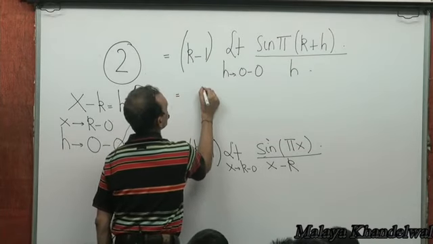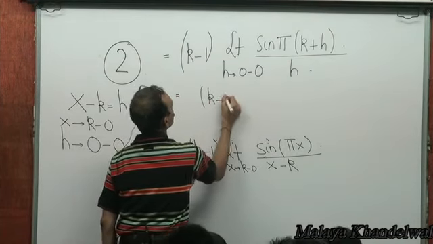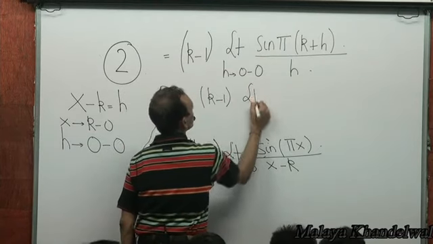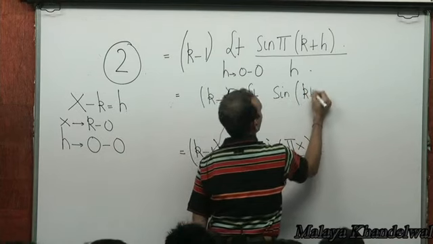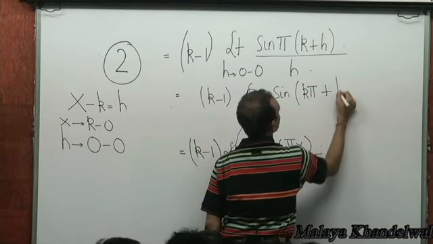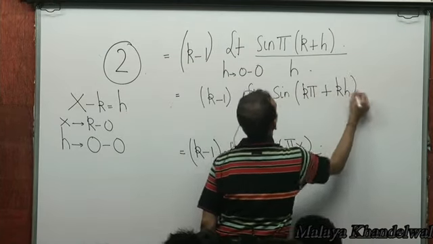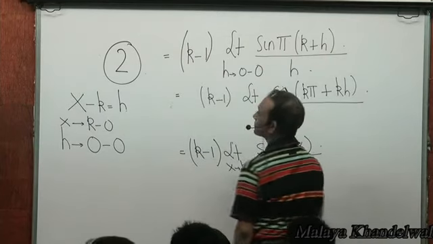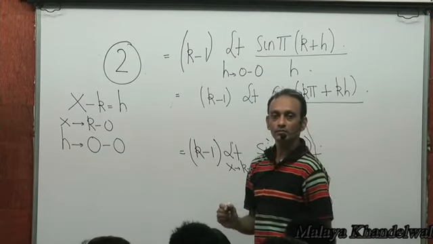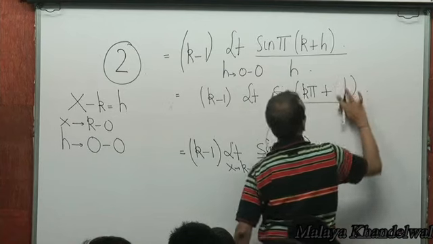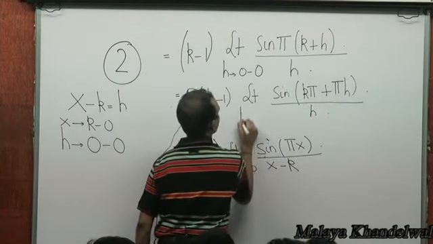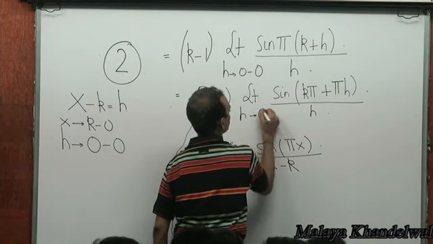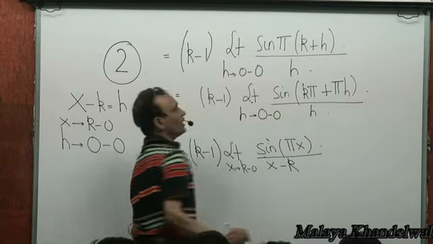Now this is like k minus 1 limit sine of k pi plus pi h by h as h tends to 0 from the less than 0 side. Yes or no?